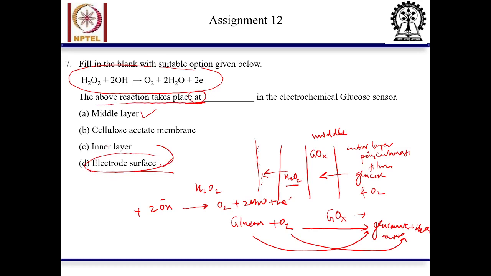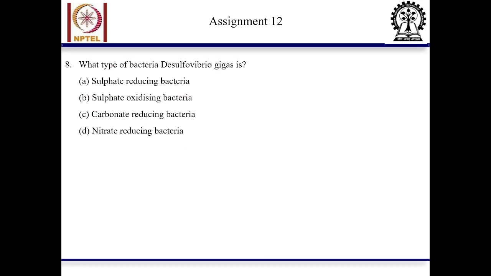So now I will go to question number 8. What type of bacteria is Desulfovibrio gigas?